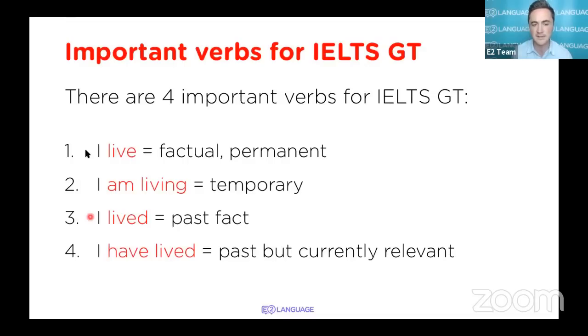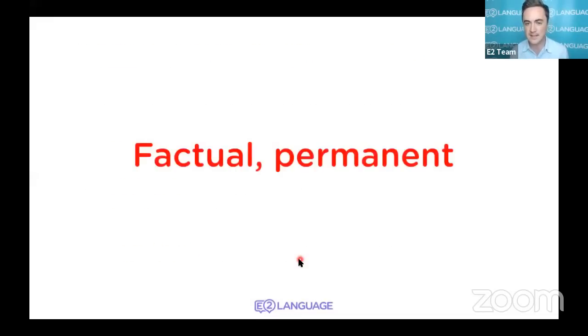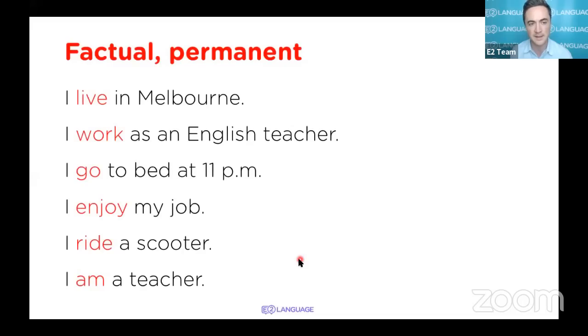Or if I say I lived in Melbourne, it's got a sense of being a past fact, or I have lived in Melbourne is past, but it's currently relevant. So these have different meanings. You need to know which one to use and how to use it accurately.